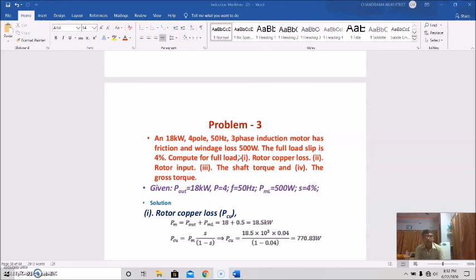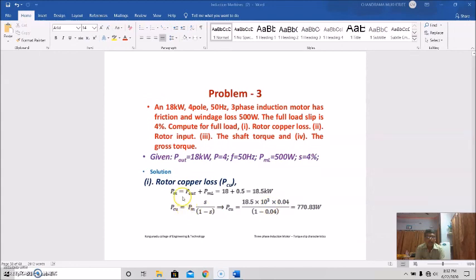Compute for full load the rotor copper loss, rotor input, the shaft torque and the gross torque. So what is given? Output P output is 18 kilowatts, number of poles is 4, F equal to 50, PML equal to 500 watts, and S is 4%, that is 0.04.